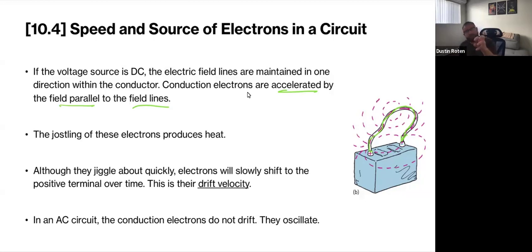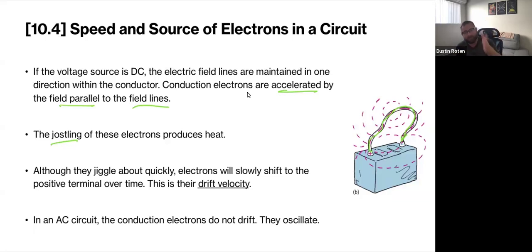The jostling of these electrons is actually what produces heat. Just like we said earlier, when these electrons move, they're bouncing around between all the other things inside the conductor, the impurities, the other atoms. If you ever vacuum and then pick up the cord to the vacuum cleaner and it feels warm, you're literally feeling the effects of all these electrons jostling around in there, bouncing off other atoms and such.